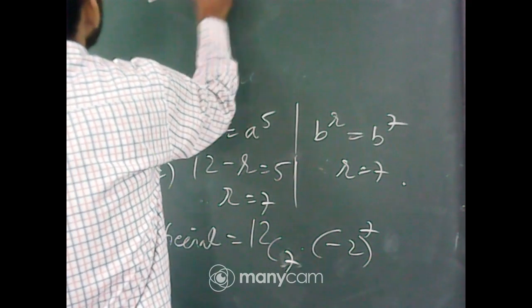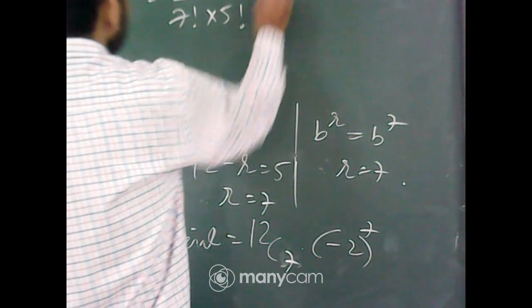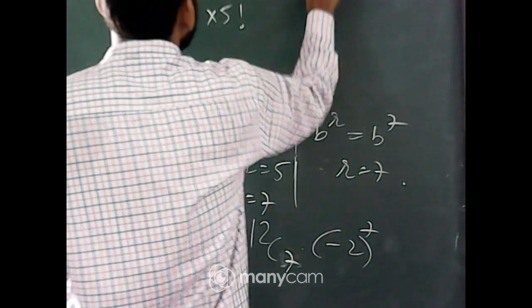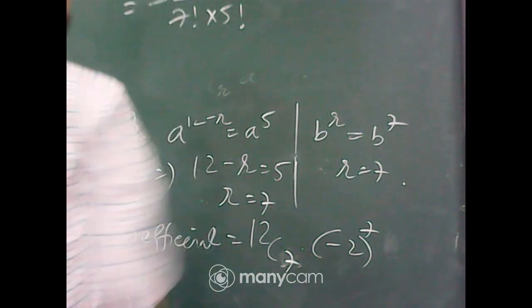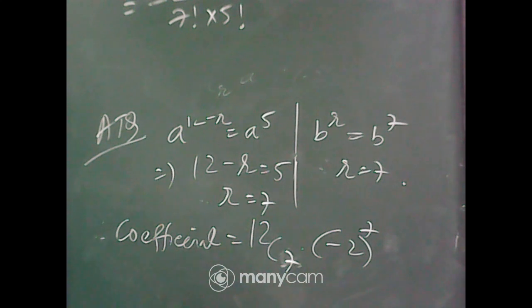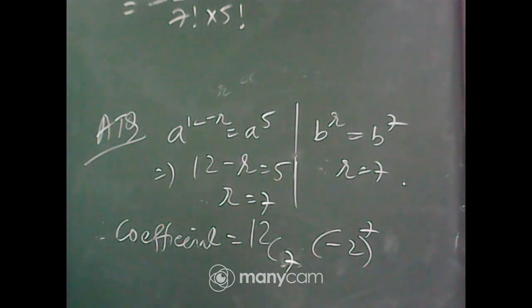It will be 12 factorial by 7 factorial into 5 factorial into 2 to the power 7, and the minus will come out at the beginning of the number because the power is an odd number, so the minus will not be removed.